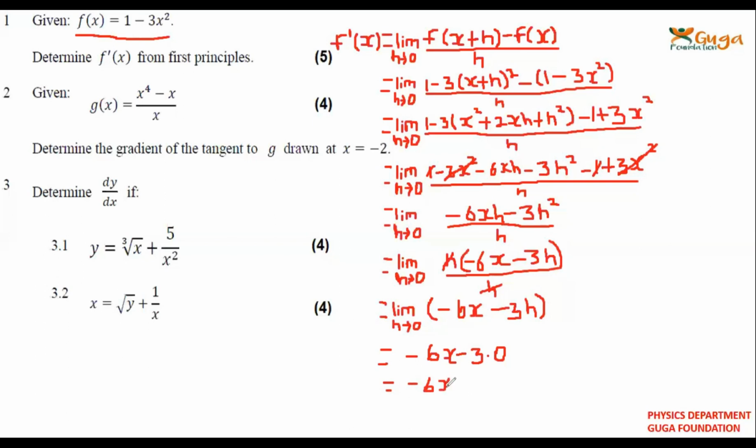So we can also prove this. The original equation was f of x is equal to 1 minus 3x squared.